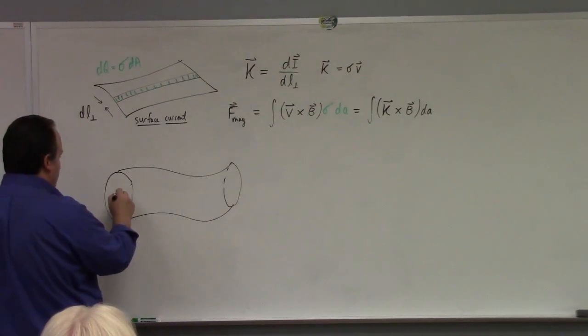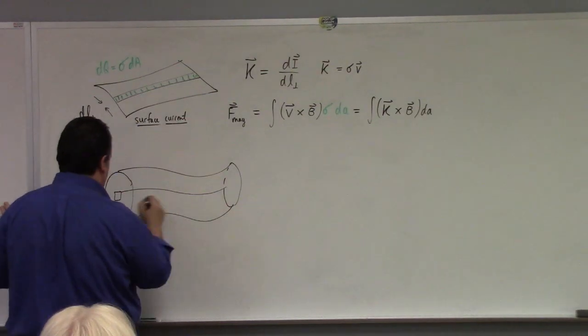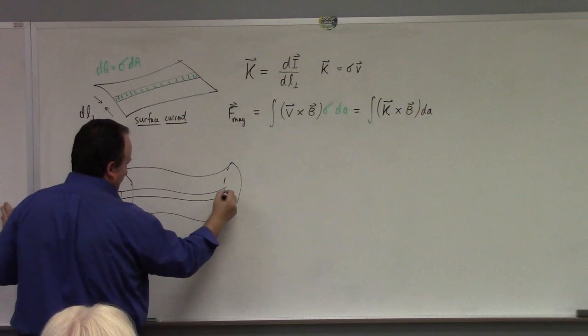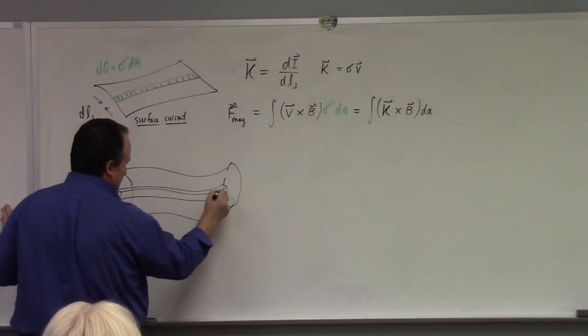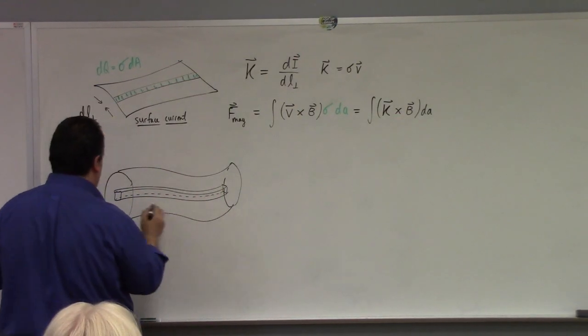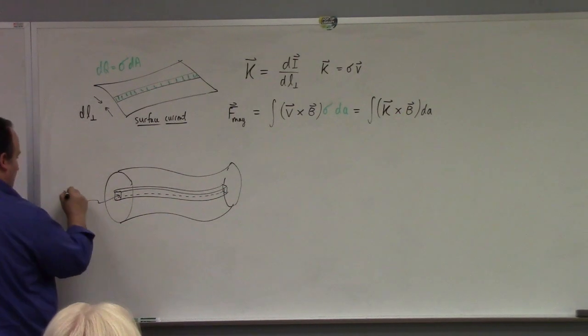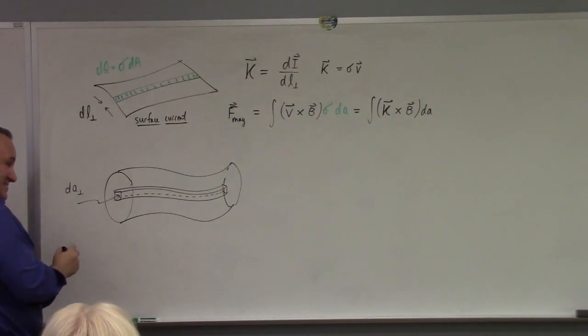And so for the volume current, you want to think about kind of like a tube, like that. All right. And so there you've got like dA perp, I think.